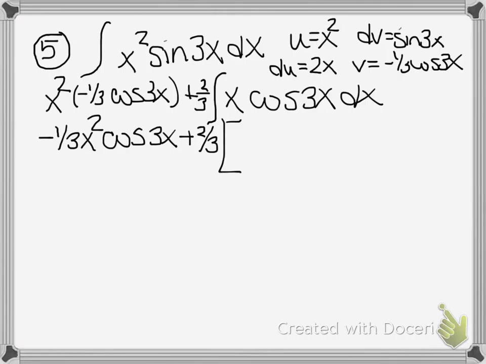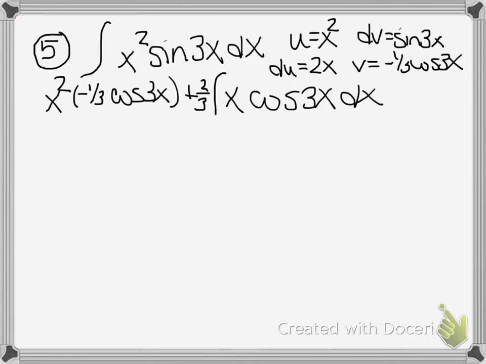Okay, so now we're going to go again. What are you picking as your u? Okay, I'm going to erase all this. Ran out of room and I did not write down my u and my dv. And some of you might be thinking, do you always have to write down your u and your dv? And no, if it's easy enough that you're able to, you don't have to.